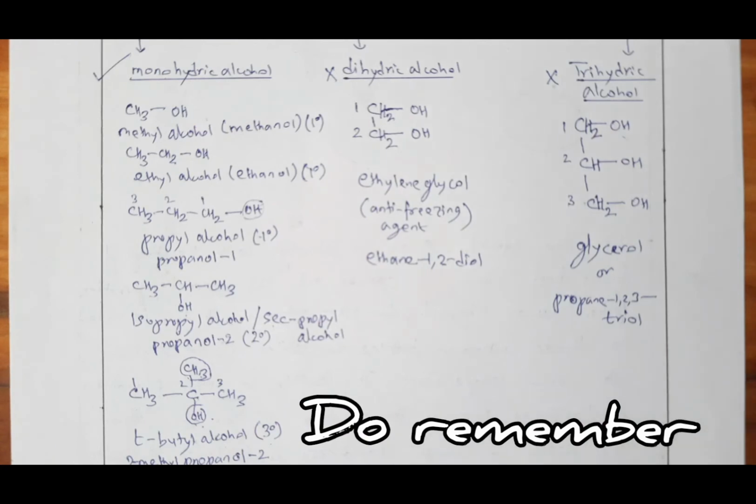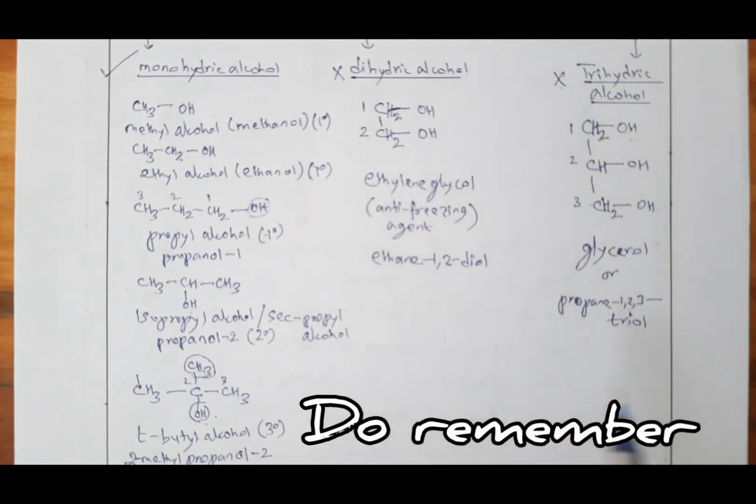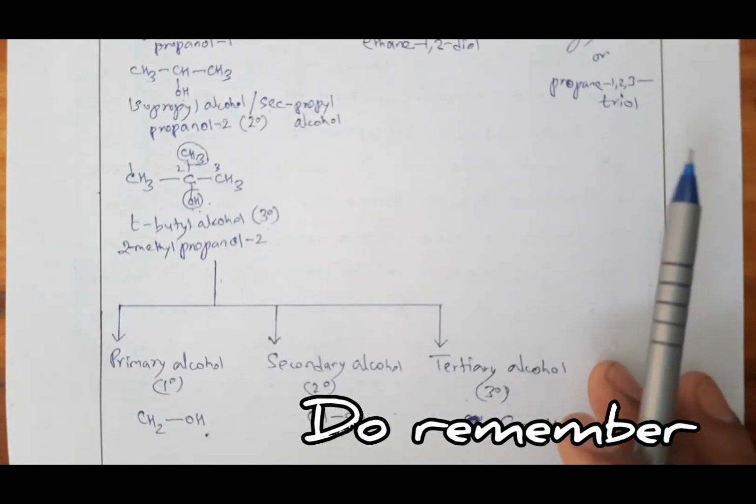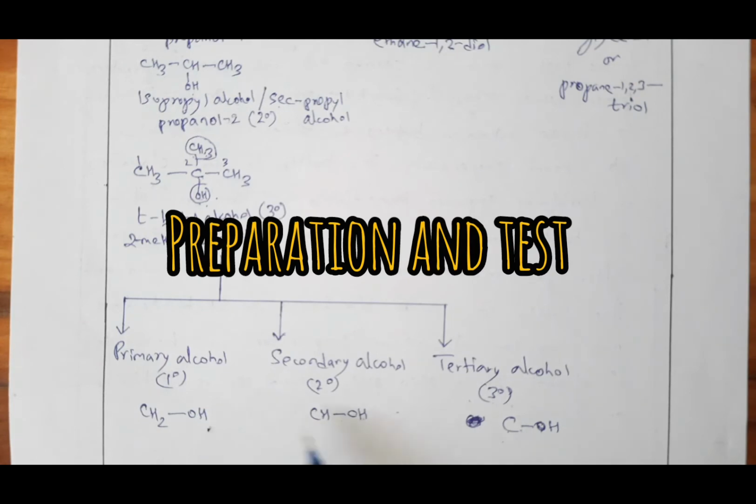Example. Now in our syllabus, we have to learn about the monohydric, because dihydric is not in the syllabus. So for primary, secondary and tertiary alcohol, we need to learn one preparation and test. We have to learn about its preparation and test for these three.